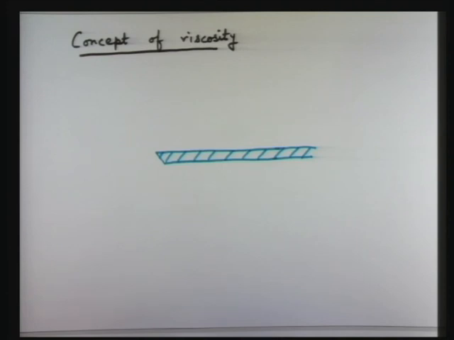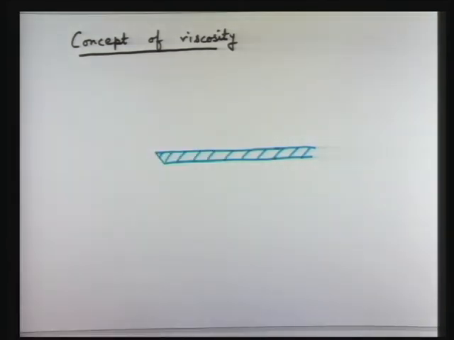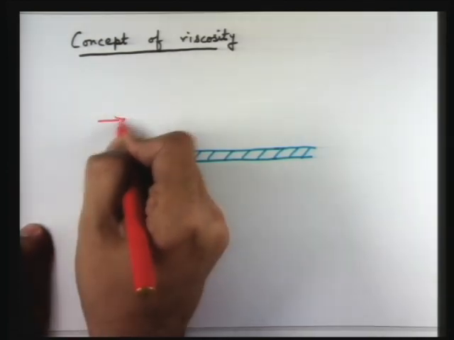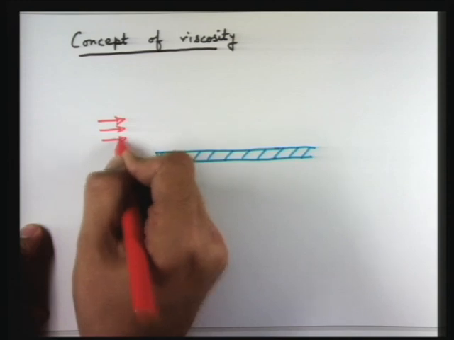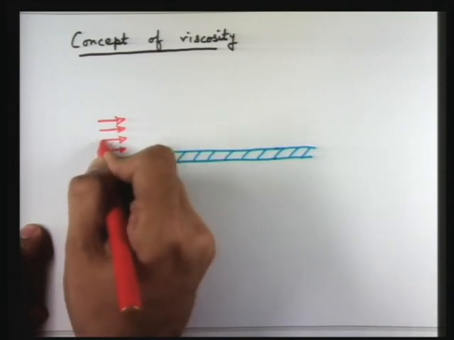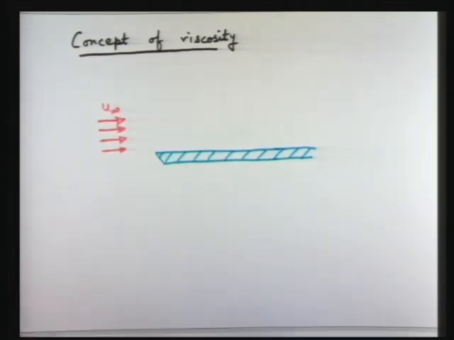Let us say that fluid is coming from far stream with a uniform velocity u infinity.